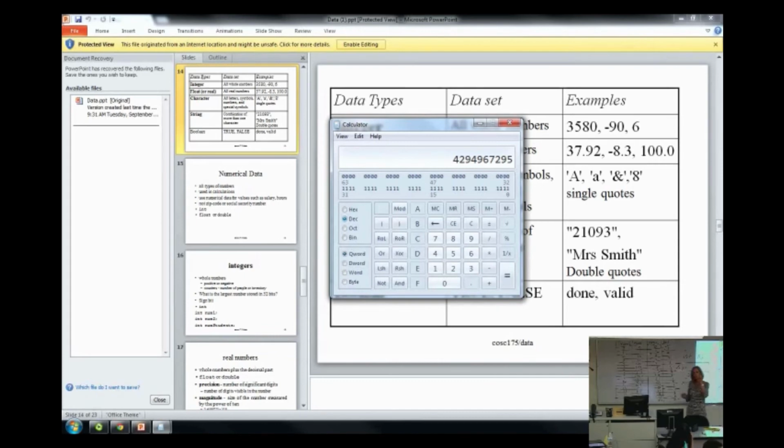Okay? But I want to go one more thing. What about if I say x equals -7? We see how 7 is stored. How is -7 stored? Ideas?